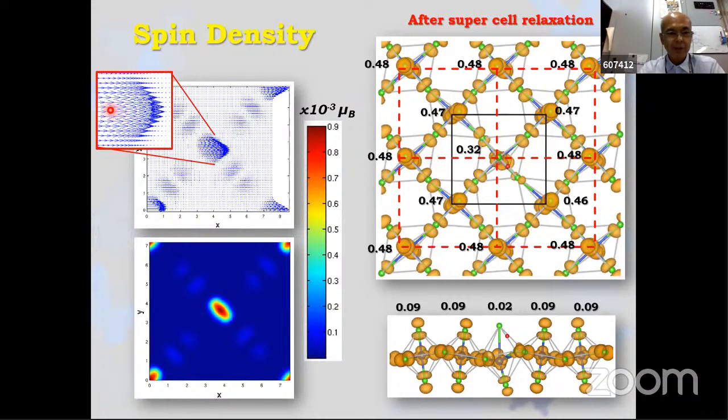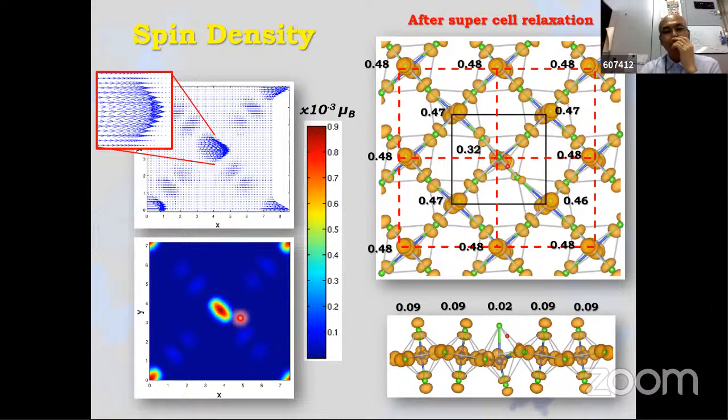If you look carefully, the magnetic moment size becomes larger around here, even though the mesh is the same. That means high density here and low density around here. Usually we put the local magnetic moment in materials as just one on the atom.